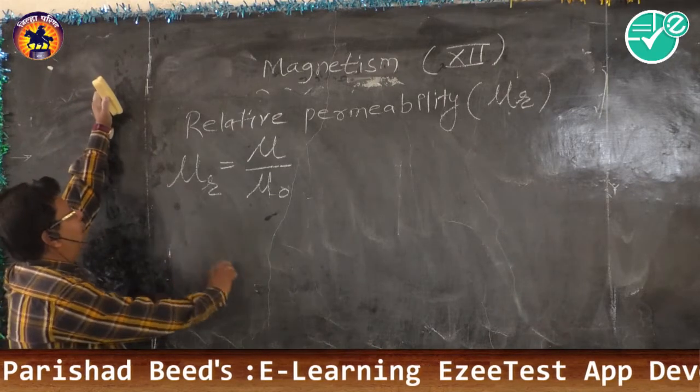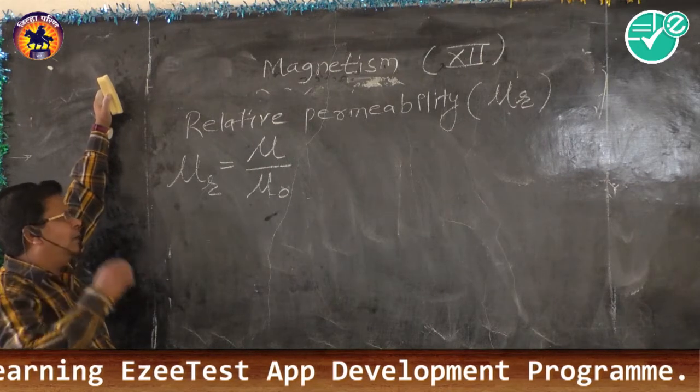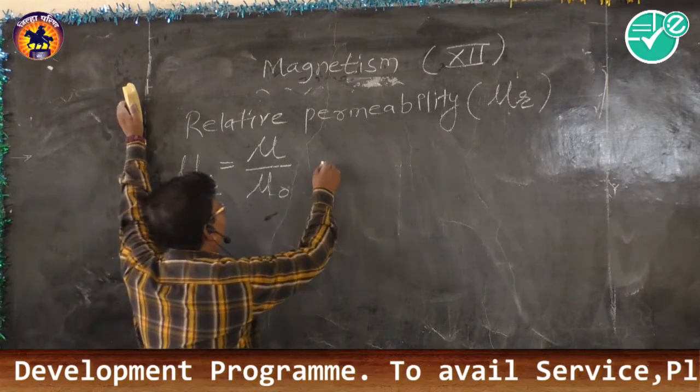Now, this formula for mu r can be written in different forms.